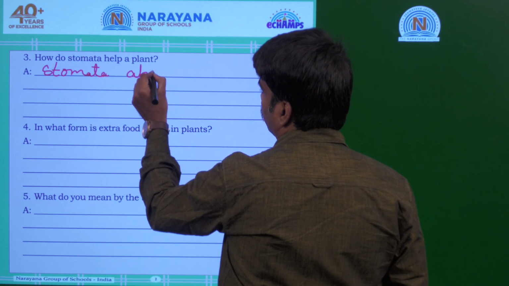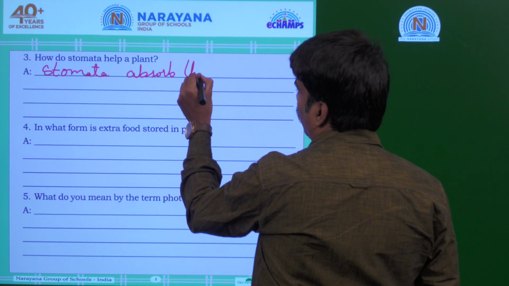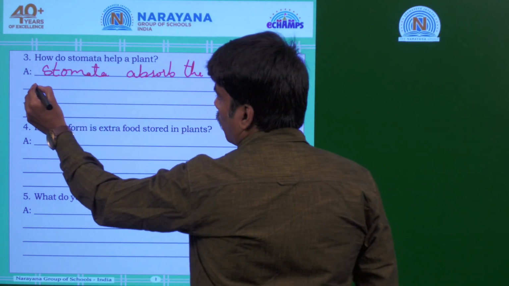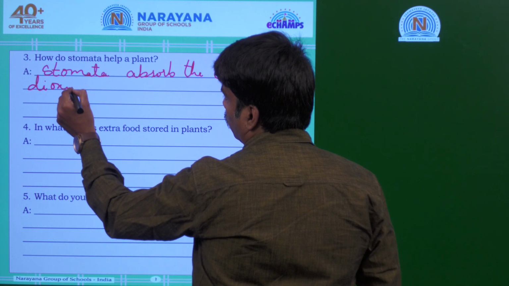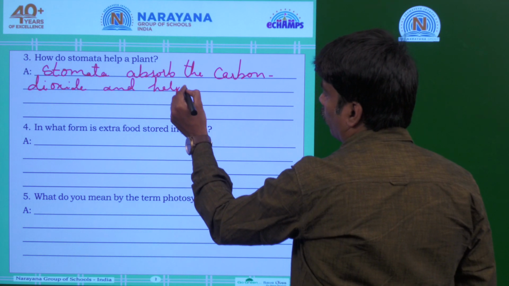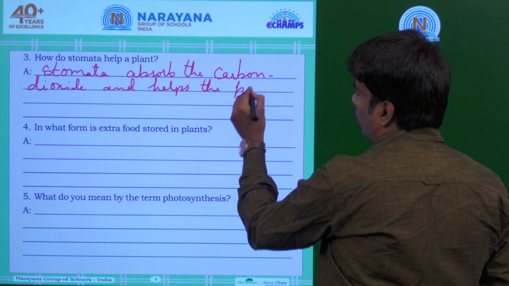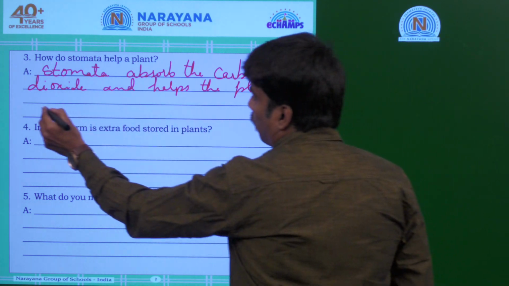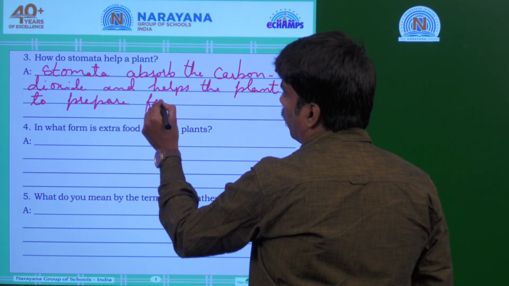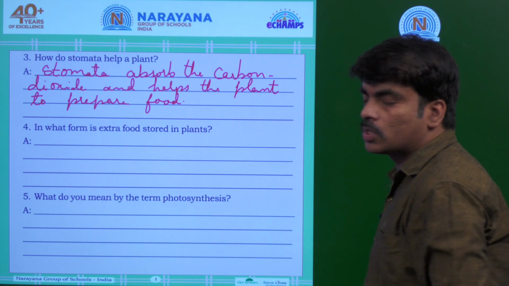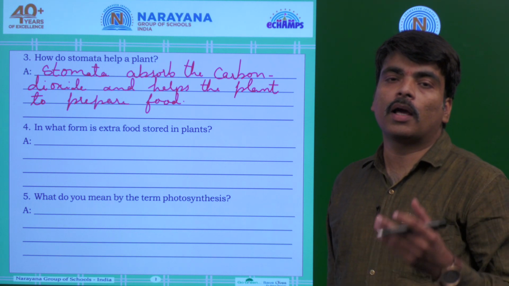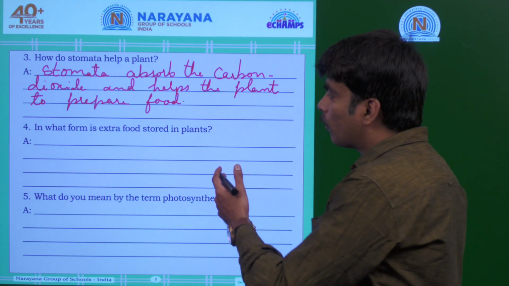Stomata absorb the carbon dioxide and help the plant to prepare food. So stomata absorb the carbon dioxide and allow the air to pass through it and help the plant to prepare its own food. Now going to the fourth one.